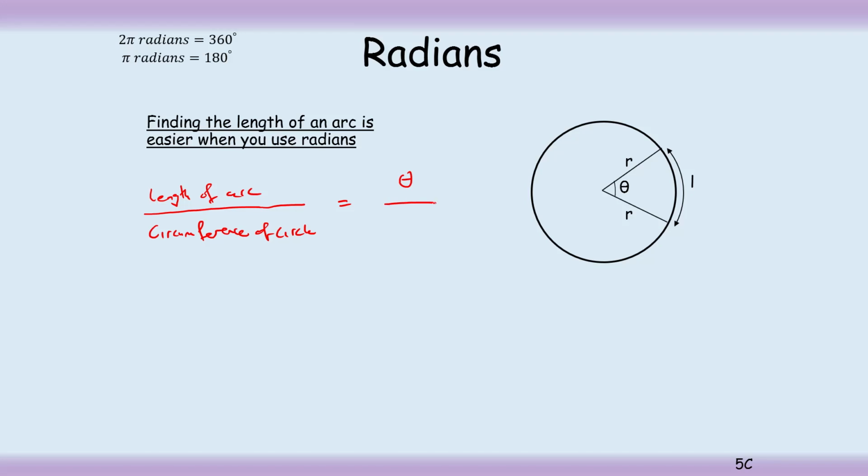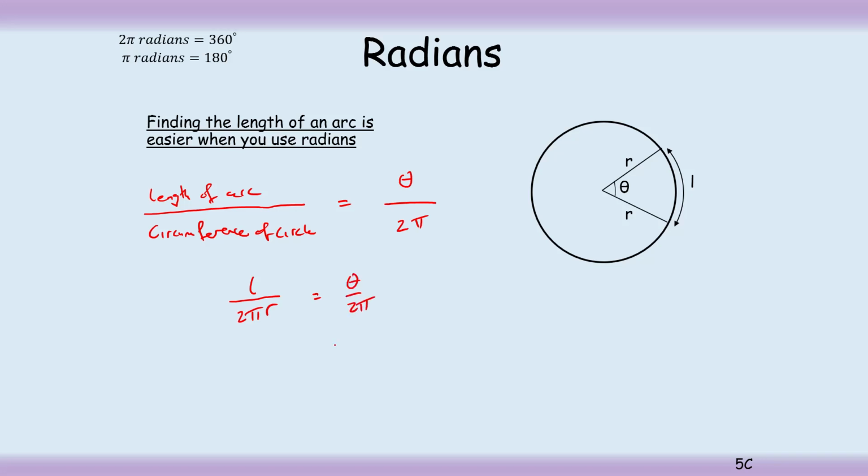The circumference of a circle is 360 degrees, but in radians, that is 2 pi. So length of the arc is L, circumference of a circle, 2 pi r, that's equal to theta over 2 pi.